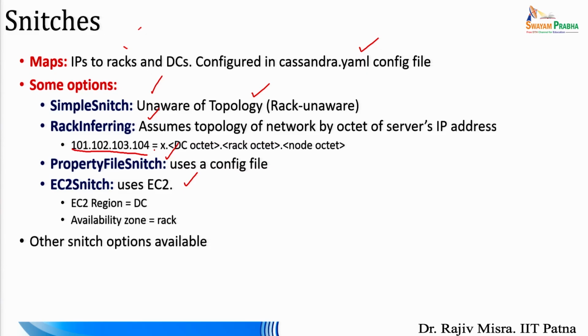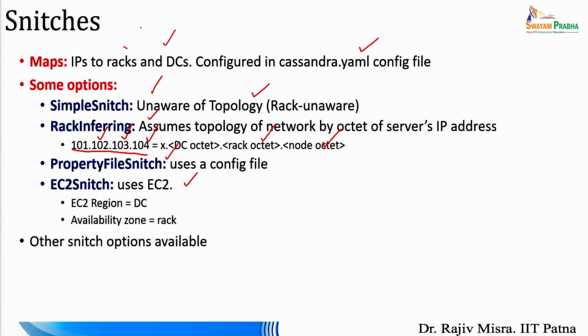Here you can see that the second octet will identify the data center where it is going to be mapped. The third octet is referring to the rack, and finally, the fourth octet is the node within that particular rack, and this way it is called rack inferring snitch.